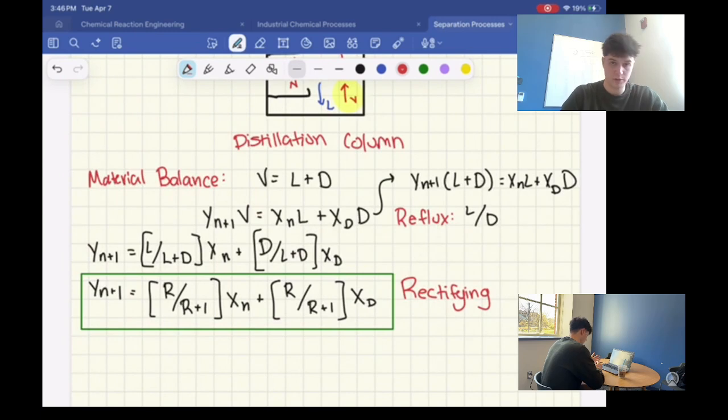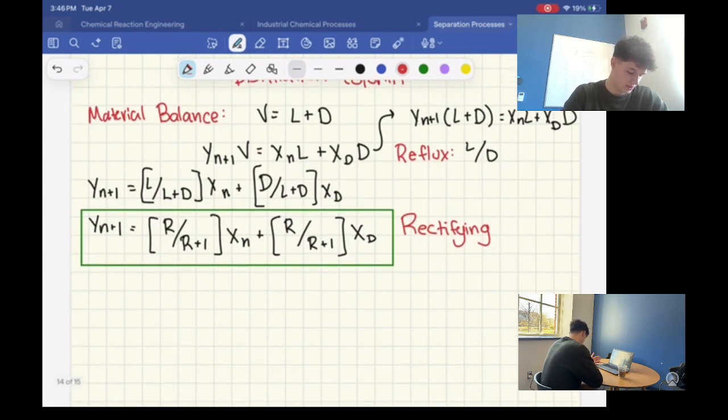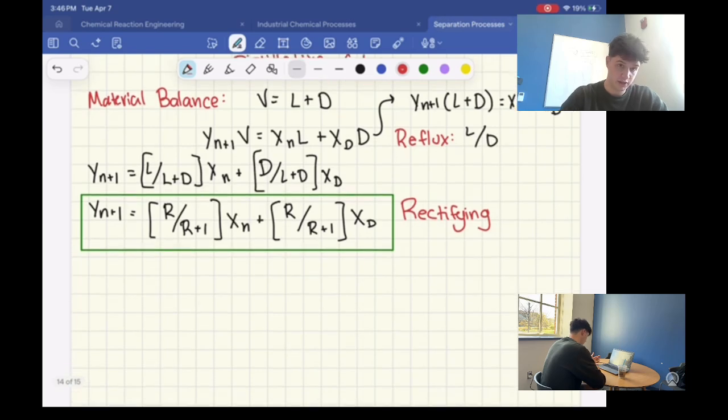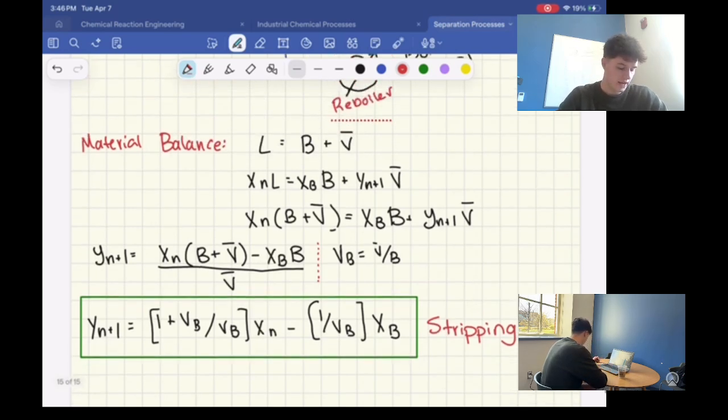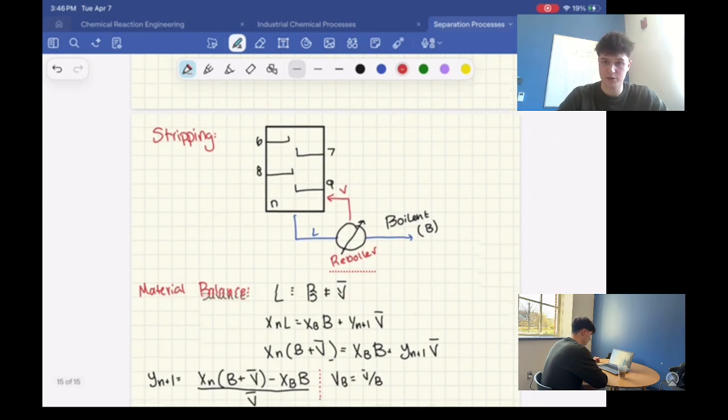We have this variable called reflux that we're able to sub in to find this rectifying equation. And then down here we do kind of the same thing. We're finding the ratio of our leftover vapor to our bottoms and subbing that in. So it's a very similar process to the first one, just with different variables and an inverted diagram, as you can see here.